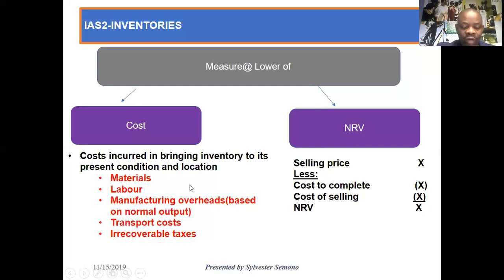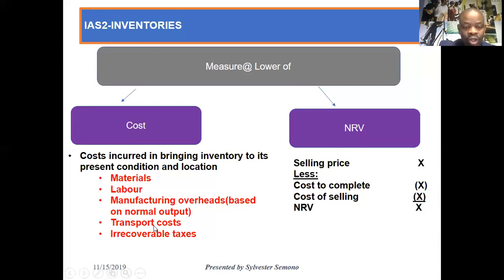And remember, those manufacturing overheads at the end of the day are based on the normal output. It means they are based on the normal capacity. So by the time when we deal specifically with the fixed overheads, we need to allocate them according to normal capacity. Because sometimes they give you the extra, but in the normal, you need to use the normal capacity.